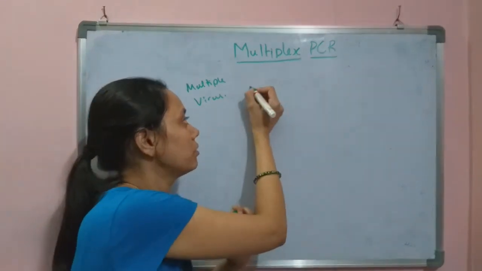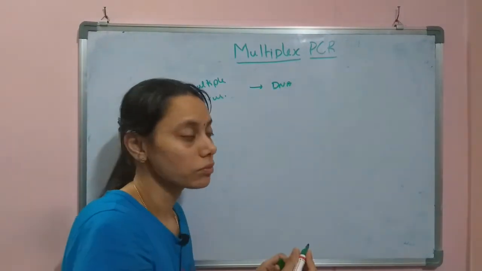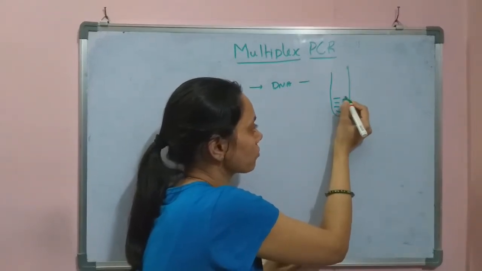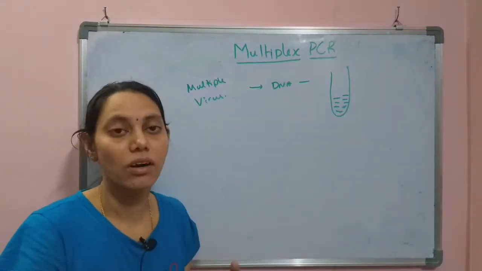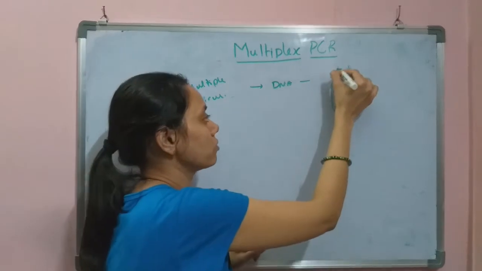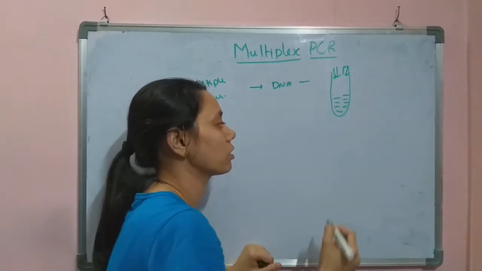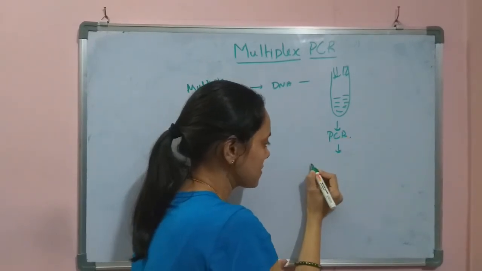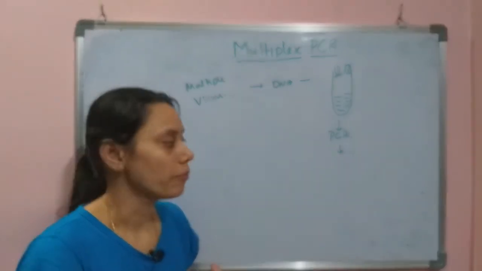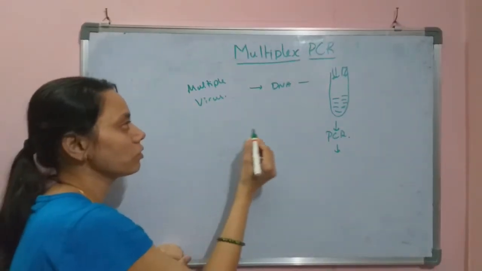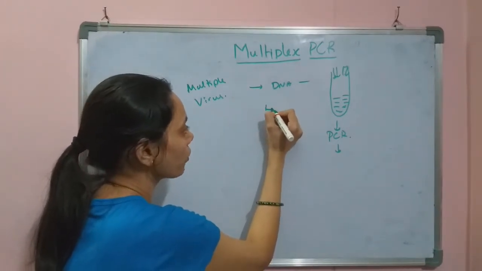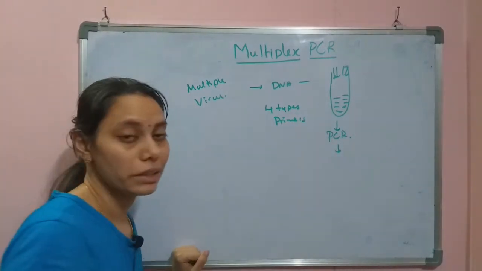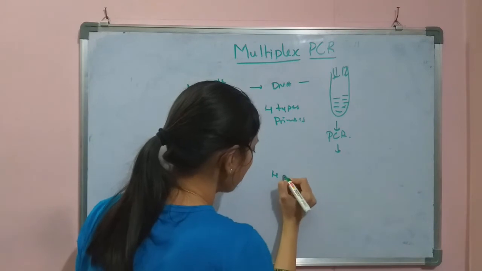Take a DNA sample from the person, use primers for all possible or suspected viruses, add them into a single reaction mixture with the target, and then go for PCR. Then in the detection process, if we are using 4 types of primers, we need to go for 4 types of probes.